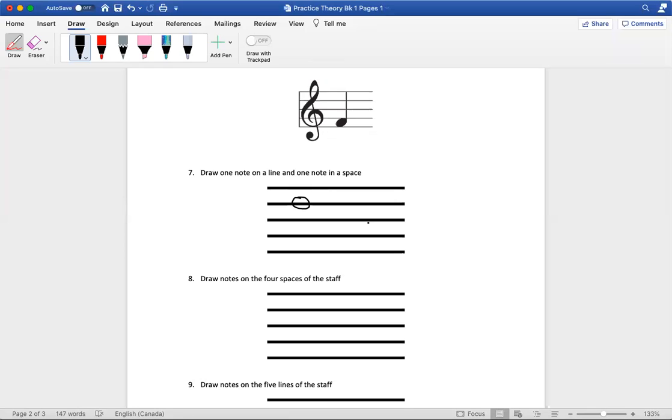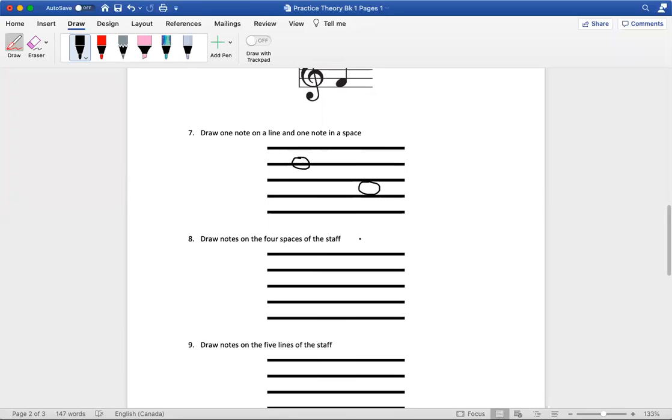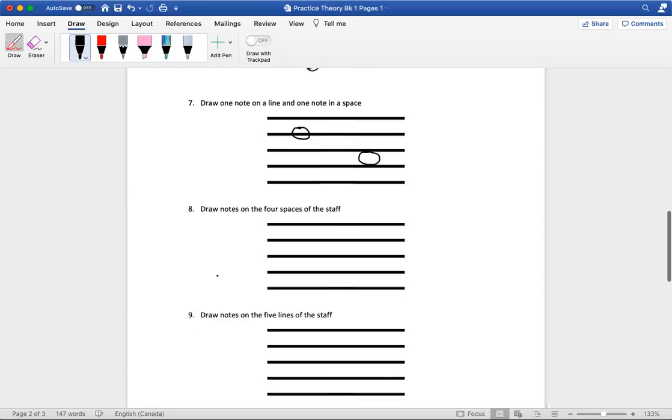So remember that it has to be between 2 lines and it is in a space. Now I'll want your circles to be a little neater than mine because you'll be using a pencil and paper, and I'm trying to do this on a computer, but you'll get the idea.